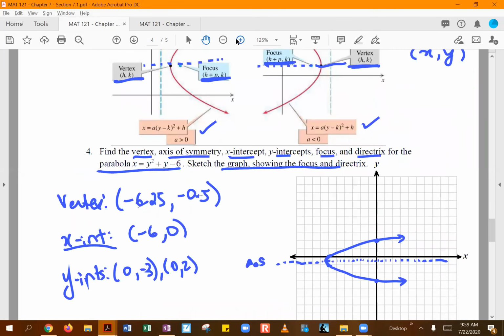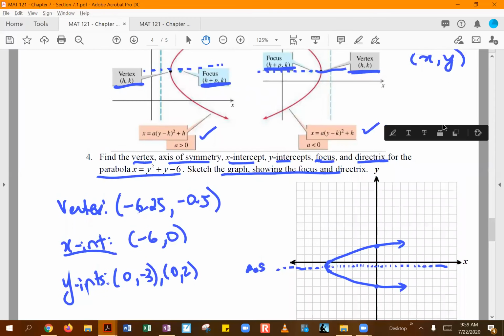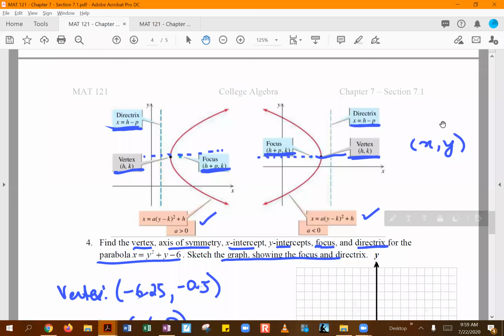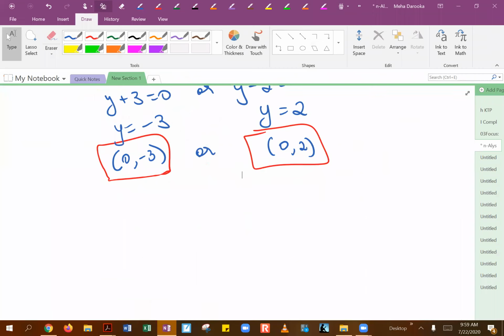Okay, so once we have our x and y intercepts, the only thing left to calculate now is our focus and directrix. So again, remember for our focus, and I'm looking at this graph on the left-hand side since that's a parabola opening to the right, our focus is going to be h plus p comma k.